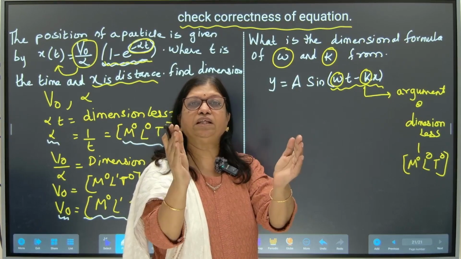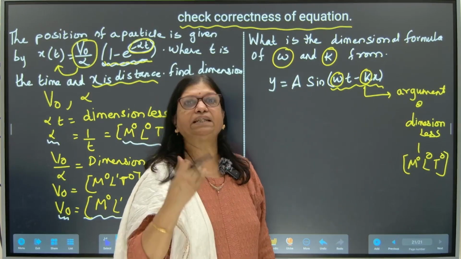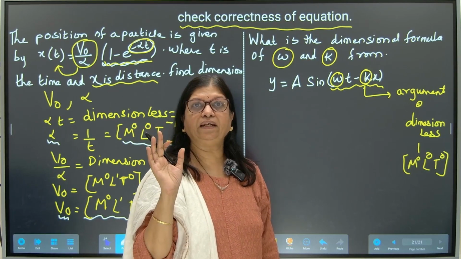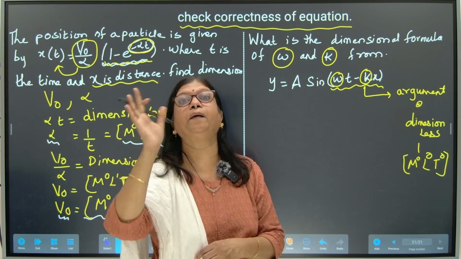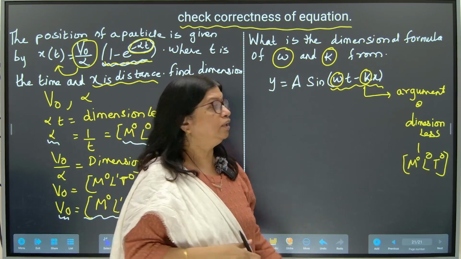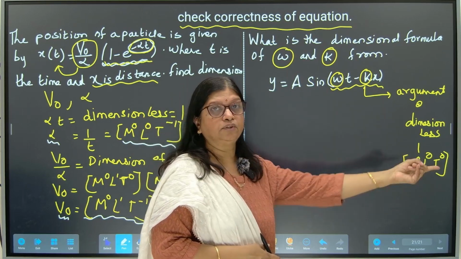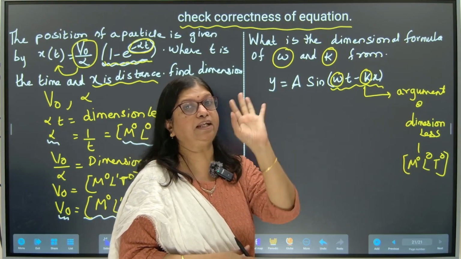Anything within the bracket of sine is called an argument. It is an angle. Sine 30, sine 40, sine 50, sine 180, sine 90, whatever. But it is a dimensionless quantity. It's a number. Understood? So if it is dimensionless, then each term should be written as 1 or M raised to 0, L raised to 0, T raised to 0.